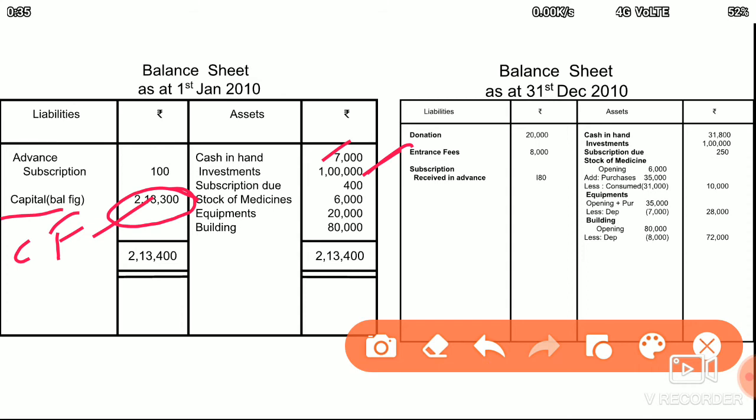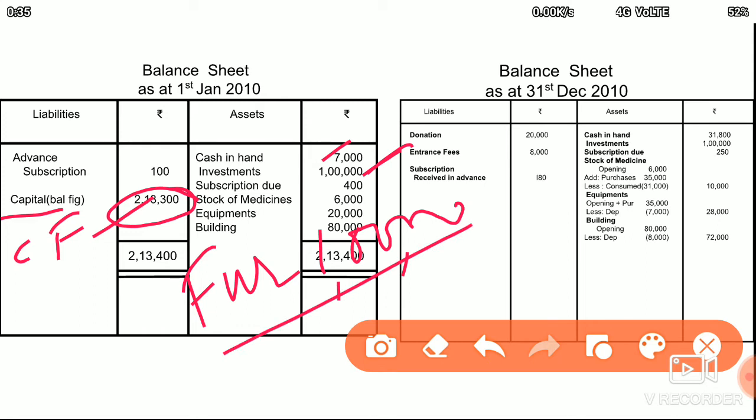We should remember that any asset for which information is not given, which appears in the old balance sheet, will again come in the new balance sheet also. For example, say they have given us 1 lakh rupees for furniture in the old balance sheet. If they have not given any information related to furniture, then even in the new balance sheet this furniture will appear as 1 lakh.